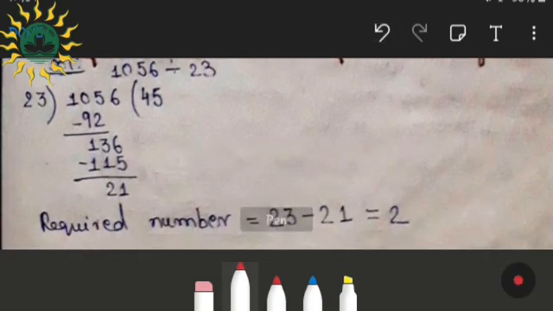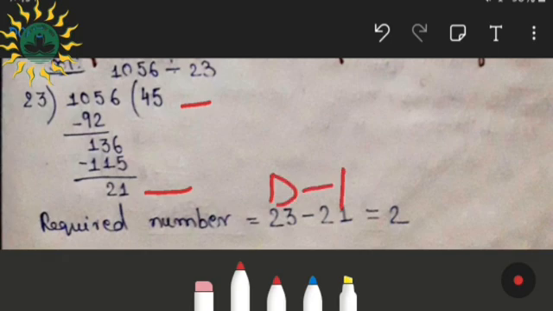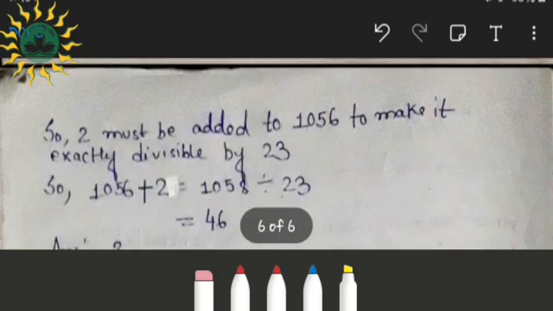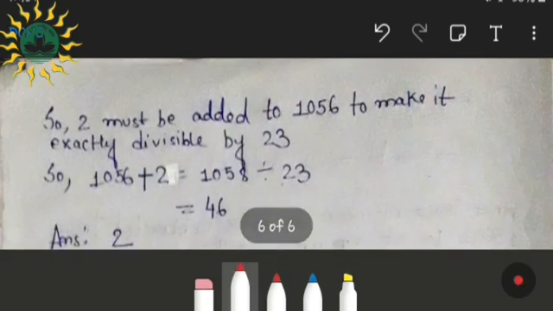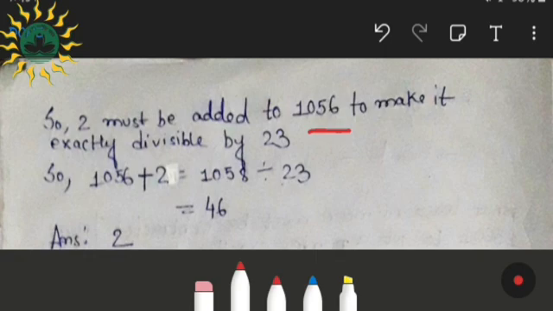So if we divide 1056 by 23, 45 will be our quotient and 21 will be our remainder. So we subtract the remainder from the divisor. Divisor minus the remainder, we get 2. So 2 must be added to the given dividend, that is 1056, to make it completely divisible by 23.